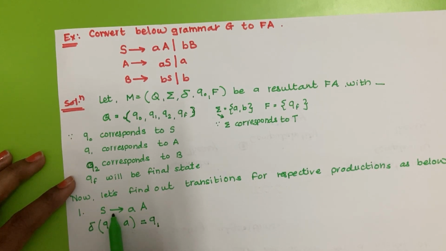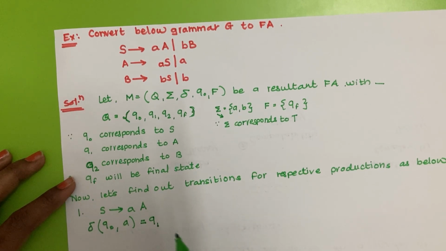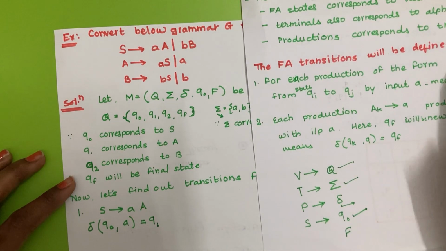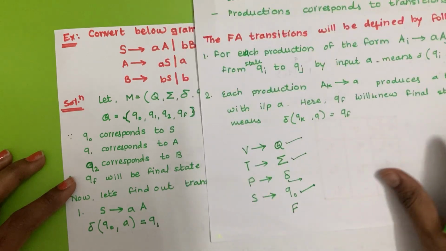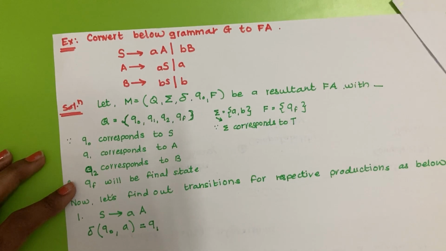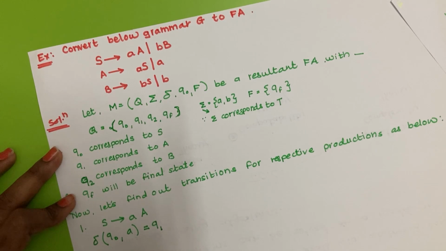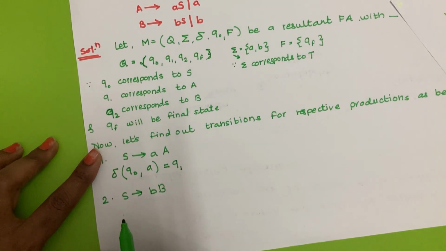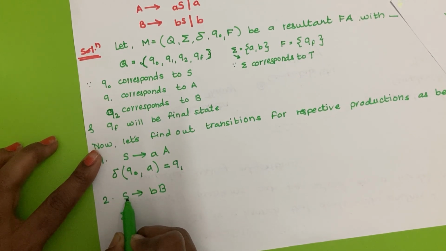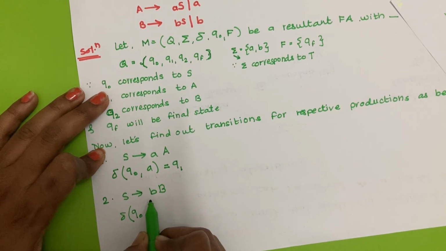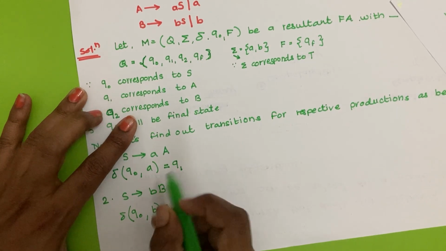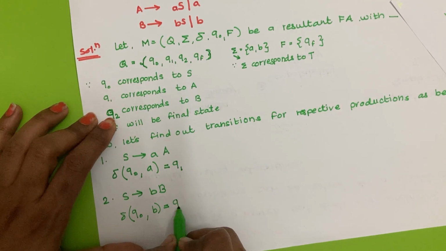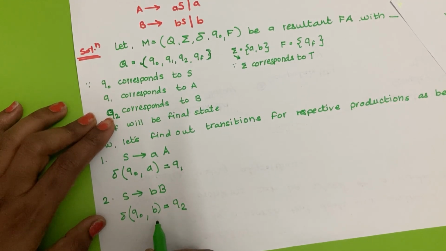We have converted this production in this format, and it follows the first rule, Ai → a Aj. Now the second production is S → bB. So δ(Q0, b) = Q2, since instead of B we have the corresponding state Q2. This will be the transition.